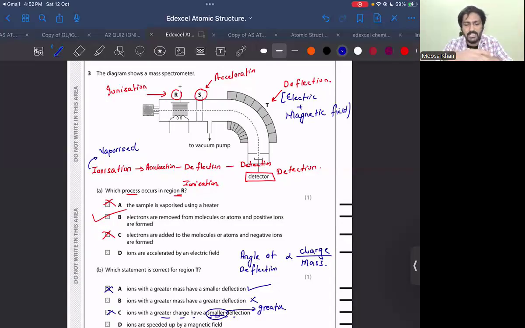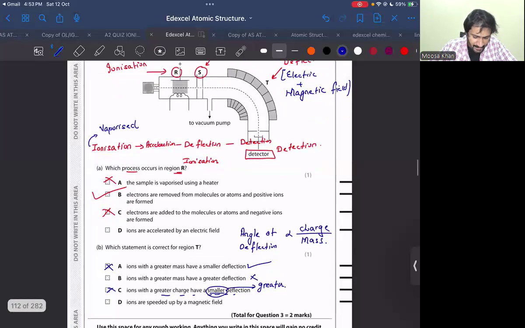And the direction of the deflection you found by Fleming's left-hand rule. The right-hand rule is used for something else. So if a charged particle passes through an electric or magnetic field, it is deflected. So ions are separated by a magnetic field.